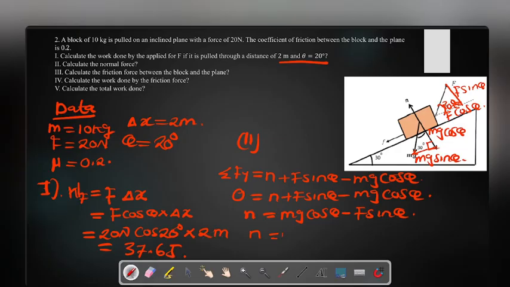So the mass of the block is 10, then the gravity is 9.81, and the gravity is acting at an angle of 30 degrees. So it will be cos 30 degrees, then minus the force being applied, which is 20 newtons, times sine of the angle at which the force is acting, which is 20 degrees.